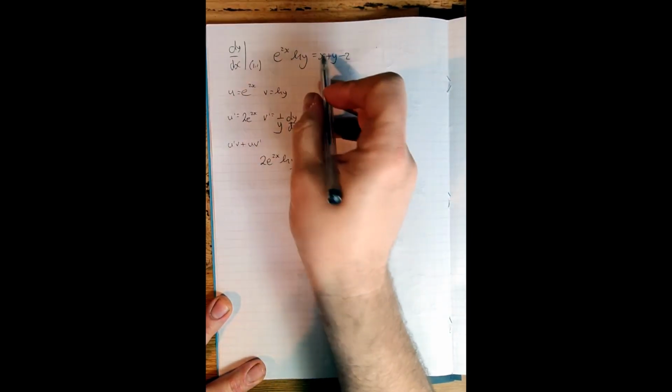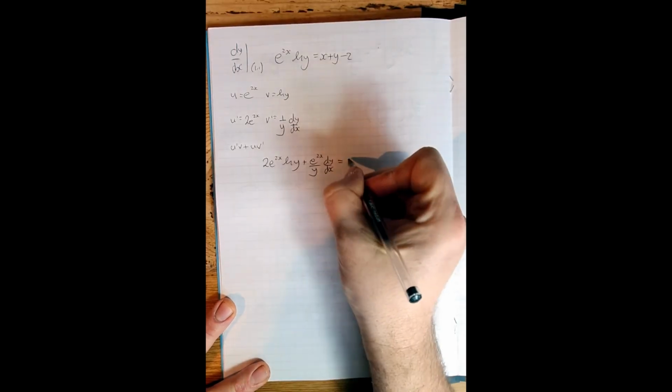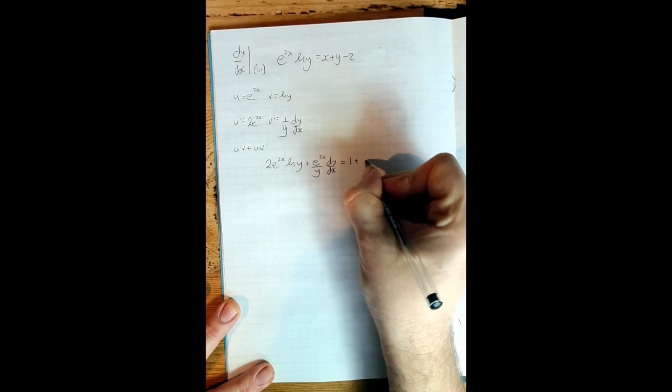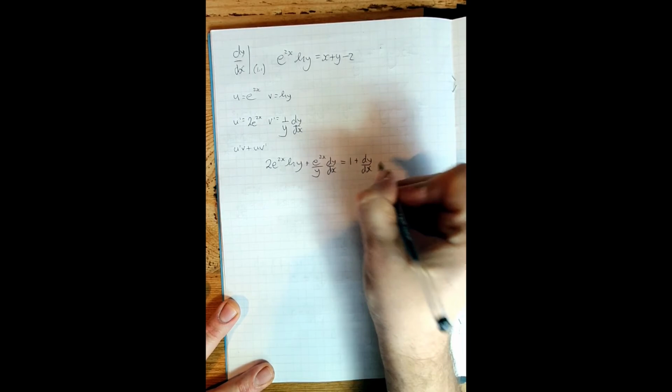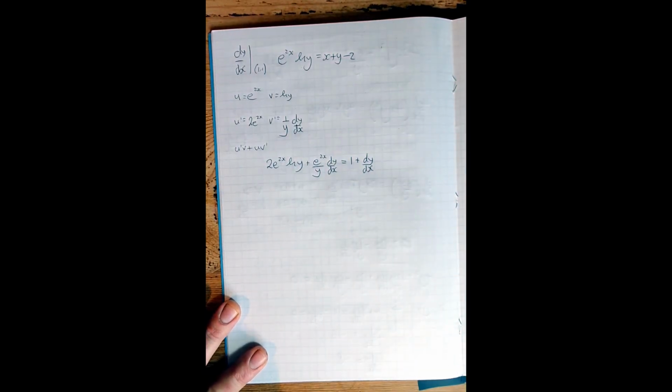That's my left hand side. X differentiates to 1, y differentiates to dy dx, and minus 2 differentiates to 0.